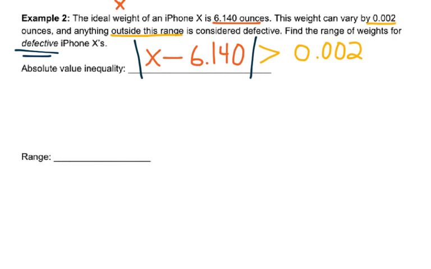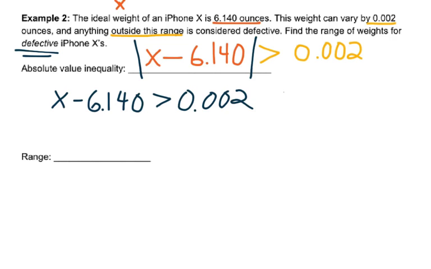So in this case, to solve, when you have greater than, this is going to be a little different. You've got to take note of what symbol. In the greater than case, we're going to set up two different inequalities. We're going to say either this difference needs to be more than the range, or less than the opposite.